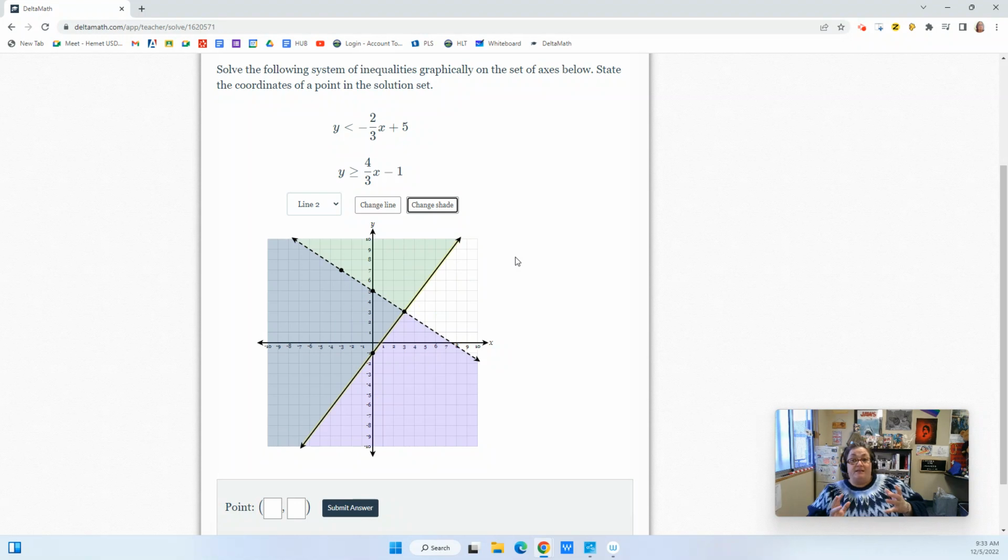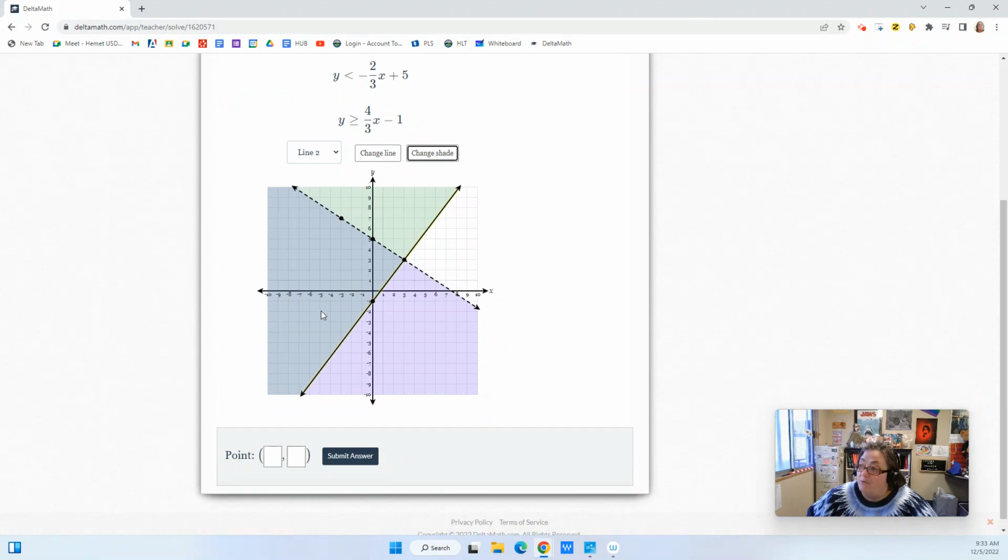The important thing is the solution when we're graphing these things is this area where they're both shaded together. So the solution set that works for these two inequalities is the area that they have in common. Does that make some sense?